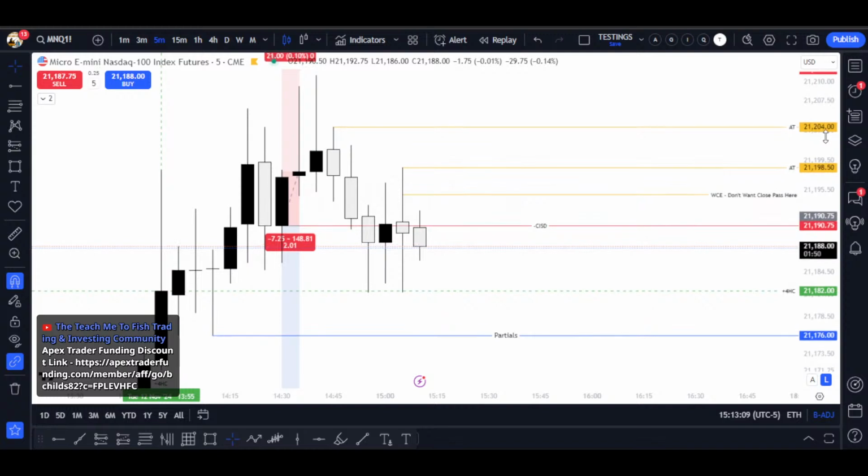Again, I'm overall bullish for the next 4 hours. We have about an hour and 45 minutes, something like that, left in the market.